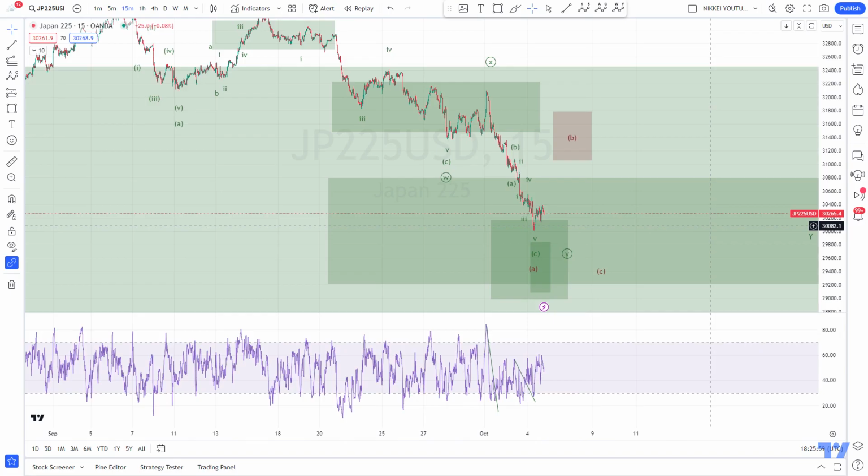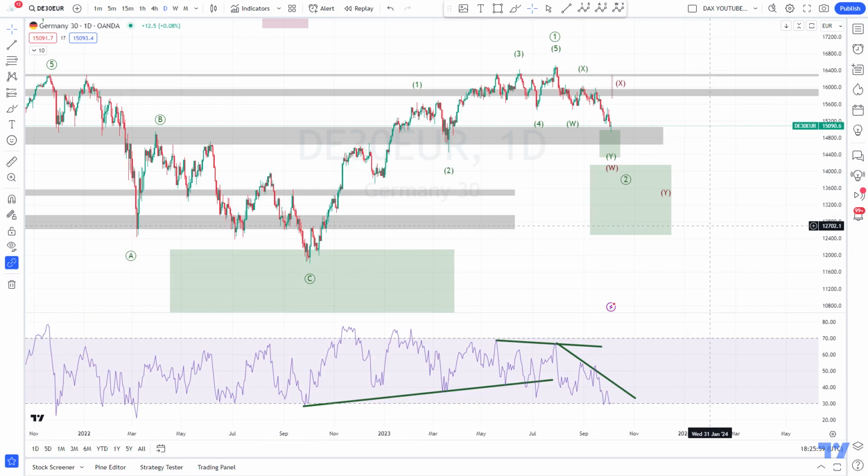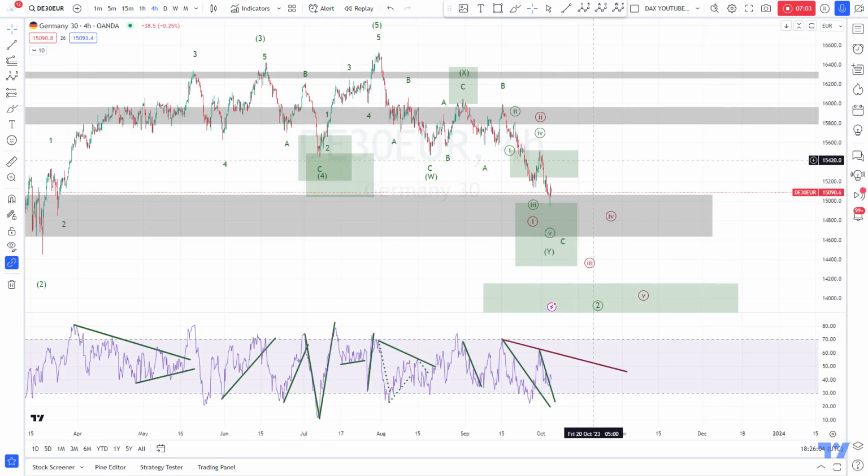Now, if we look at the 4-hour, what do we see there? That this wave C here, and now these are the arguments in favor of the correction ending here, or at least this WXY structure ending here. What do we see here?